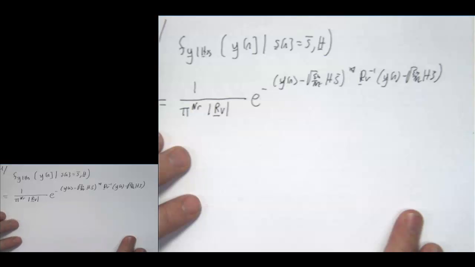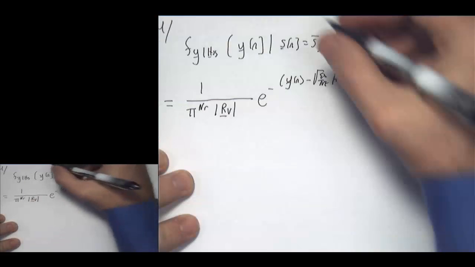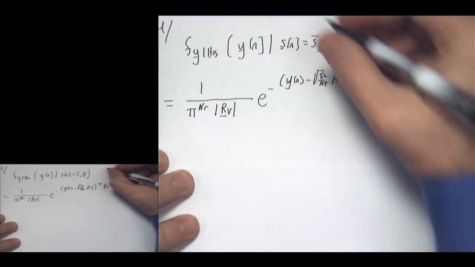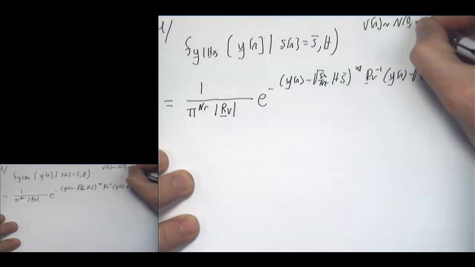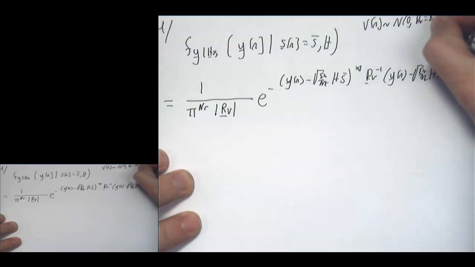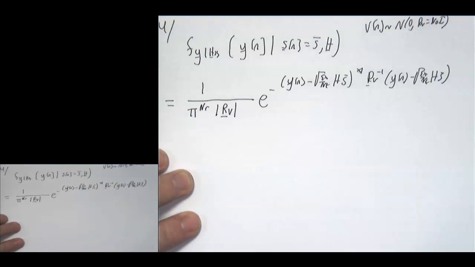All I've done here is use the fact that v of n is complex normal, zero mean, and covariance Rv, which is equal to N naught times identity.